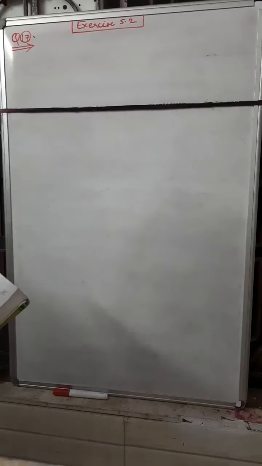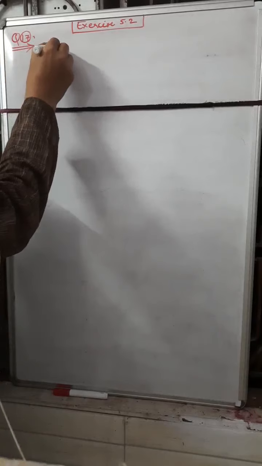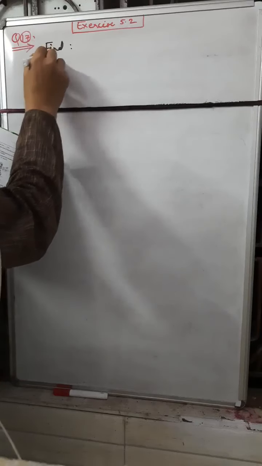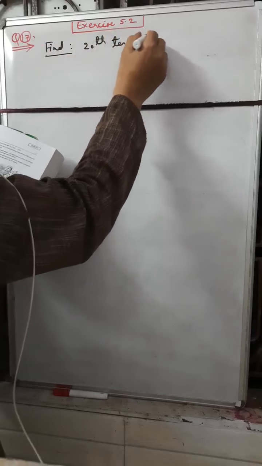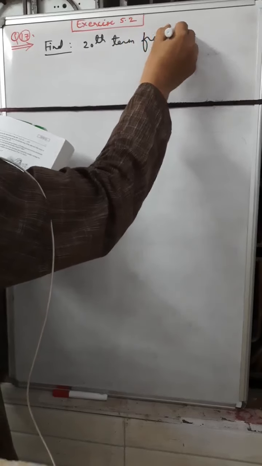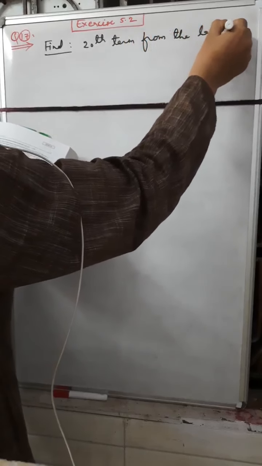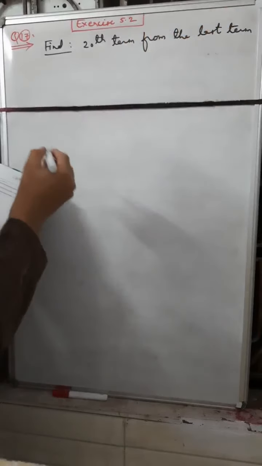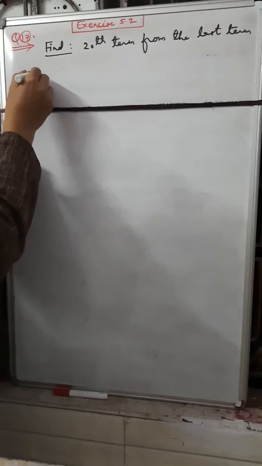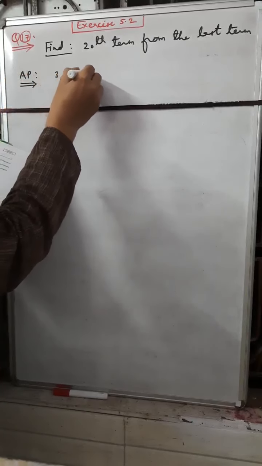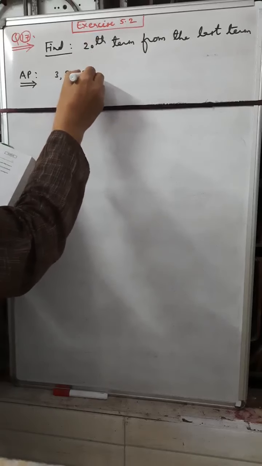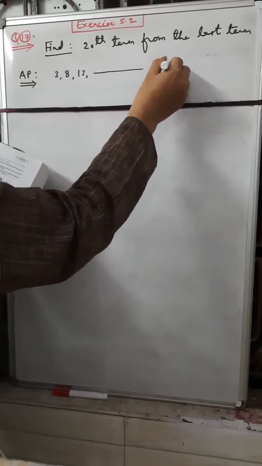Question number 17 is: find the 20th term from the last term of the AP given in this problem: 3, 8, 13, ..., 253.